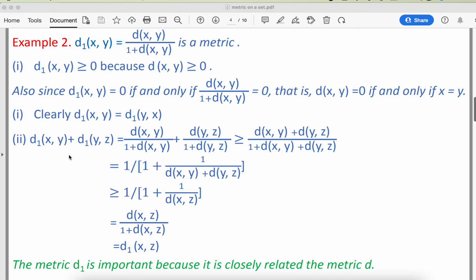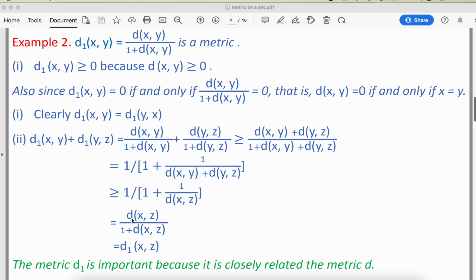Now for the triangle inequality, d1(x,y) plus d1(y,z) is equal to d(x,y) upon 1 plus d(x,y), plus d(y,z) upon 1 plus d(y,z). Clearly this is greater than or equal to (d(x,y) plus d(y,z)) upon 1 plus d(x,y) plus d(y,z), taking the common denominator. We can write it as 1 upon 1 plus 1 upon (d(x,y) plus d(y,z)), and this is greater than or equal to 1 upon 1 plus 1 upon d(x,z), since we have applied the triangle inequality.